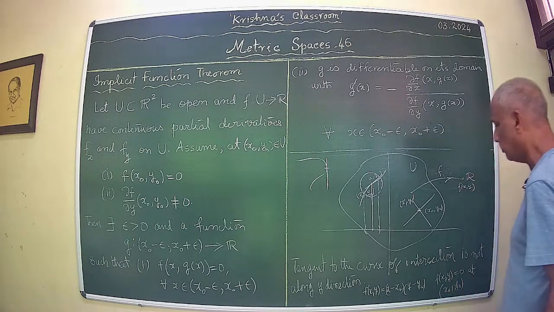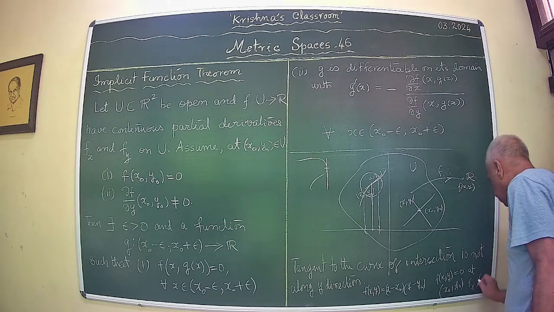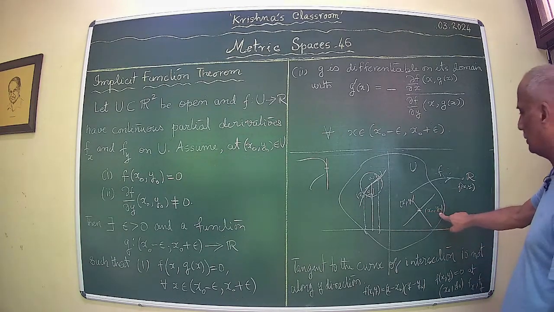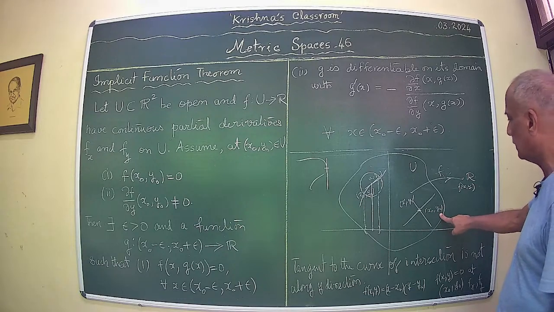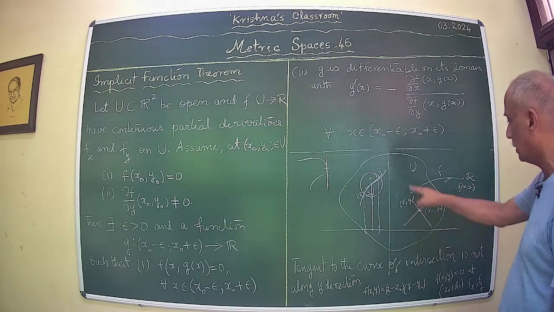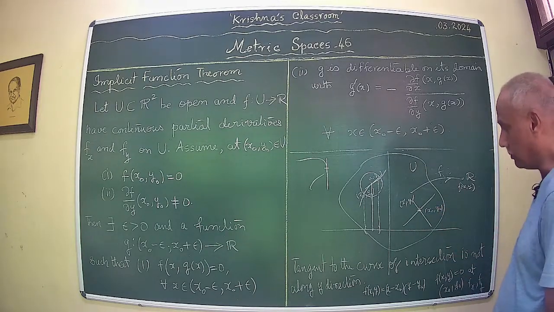You see that both fx and fy are 0 at x0, y0. Therefore, there is no well-defined tangent to the curve at the point x0, y0. That's the problem.